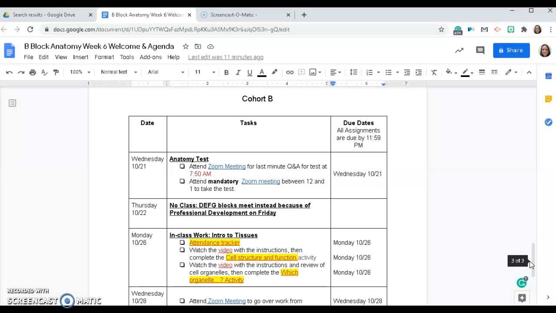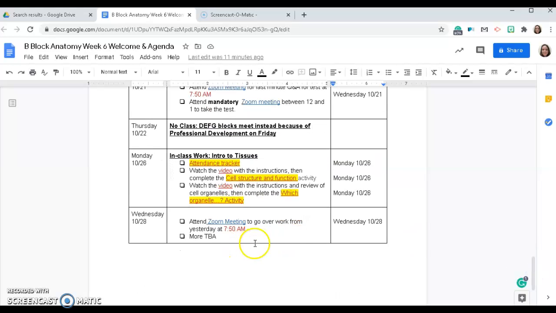And just to make sure everyone is on the same page and understands everything, cohort B, we will have a meeting Wednesday morning to go over the assignment from Monday. Cohort A, you're welcome to attend this meeting too if you want, but you do not have to. And there will be more work posted as we progress into our histology unit.